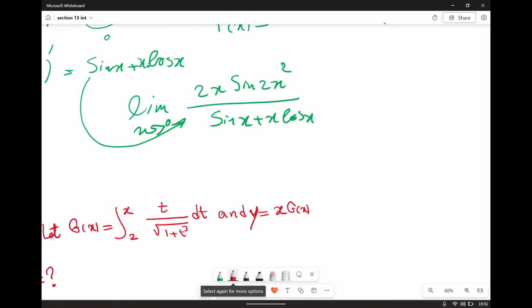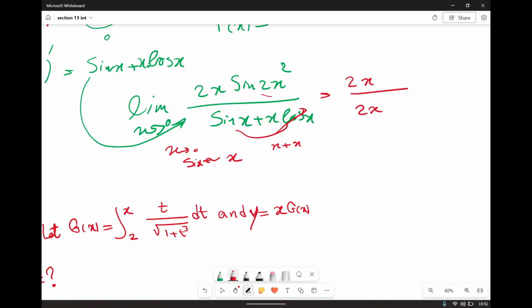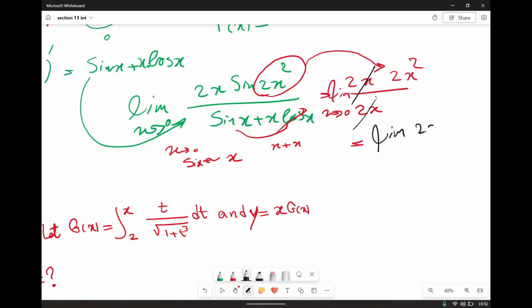At the first, when x goes to 0, cosine is 1, and we know when x goes to 0, sine x is equivalent to x, yes? Therefore it is x plus x, the denominator 2x. What about this one? It is 2x power 2. Right now the limit as x goes to 0, they can cancel each other, yes? The limit of 2x power 2 as x goes to 0 is absolutely 0.